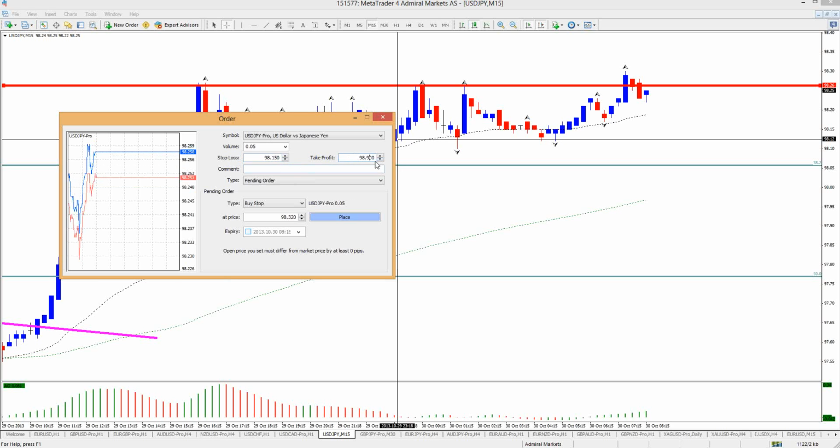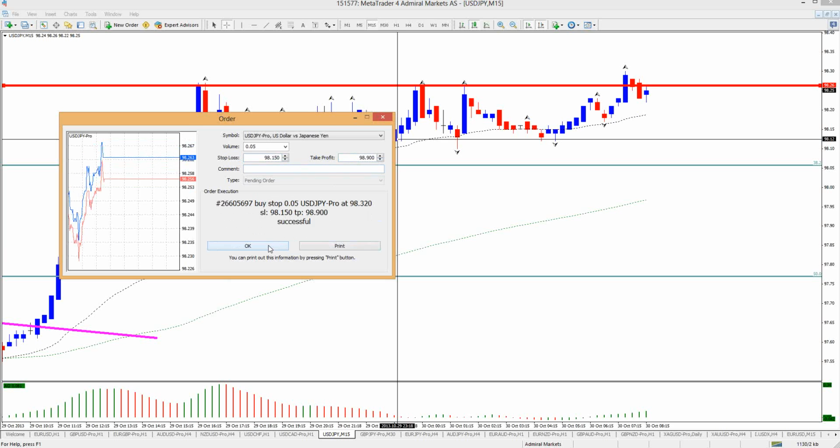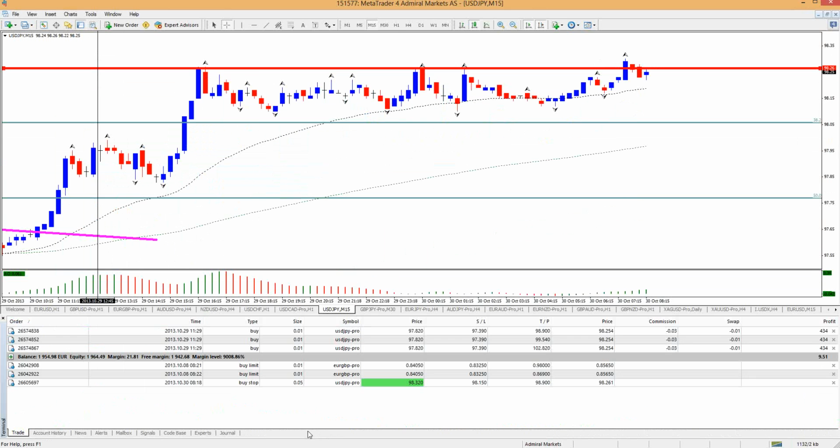That's 58 pips versus 17 risk, I believe. Let me check. 58 indeed. 58 divided by 17 is roughly 3.5 to 1. So let's see. Time will tell.